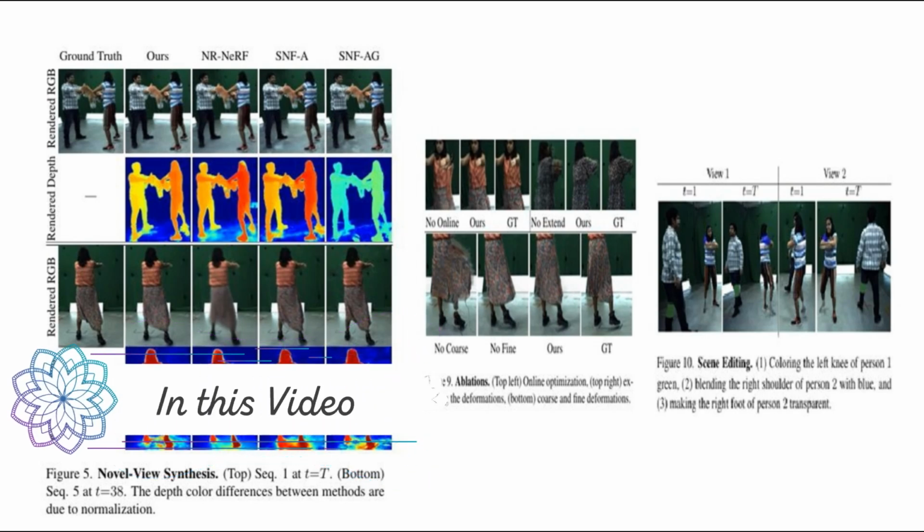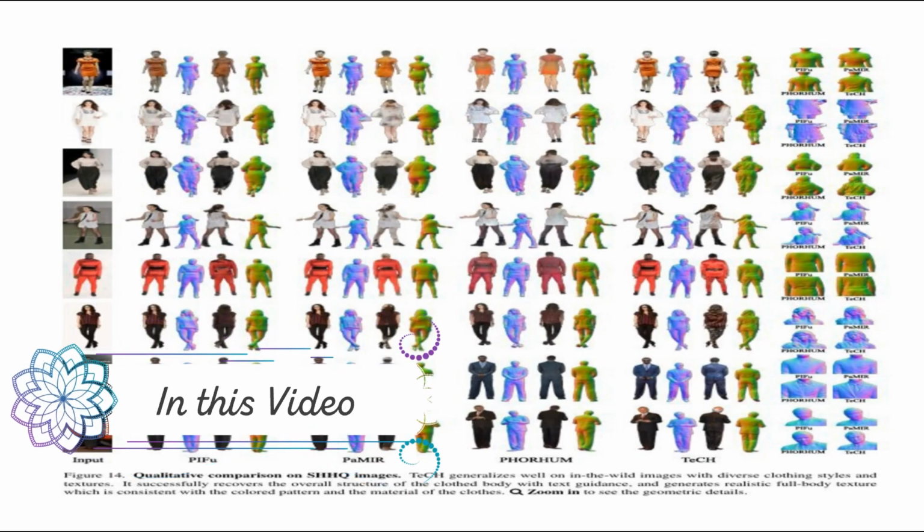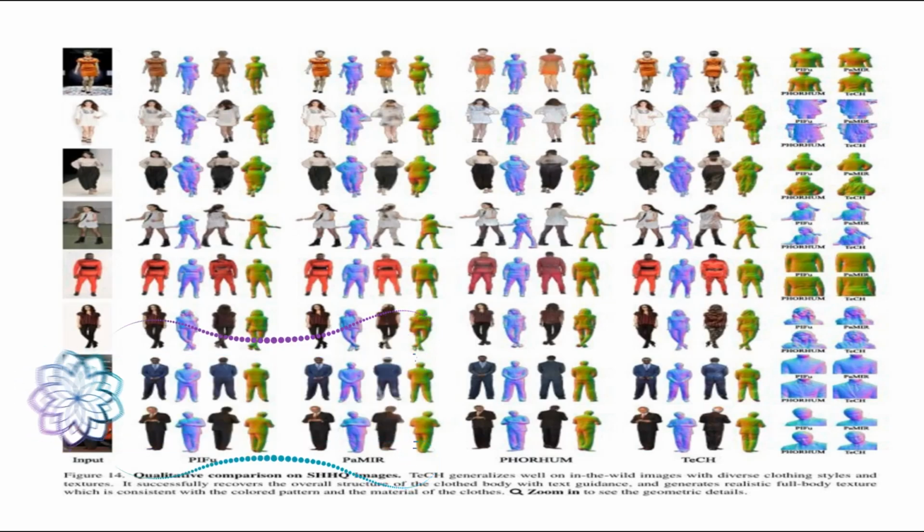The SceNeRFlow builds a canonical model of a scene and maps all deformation to it, ensuring stable tracking even in complex motion. Yes, dear friends, this method represents a significant advancement in AI-powered character modeling, virtual try-on applications, and metaverse avatars, making high-quality 3D reconstructions more accessible than ever before.